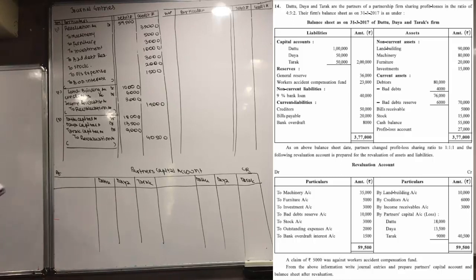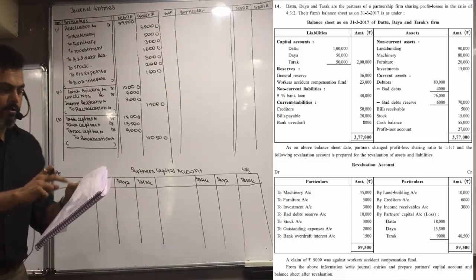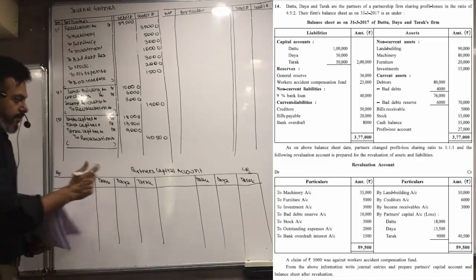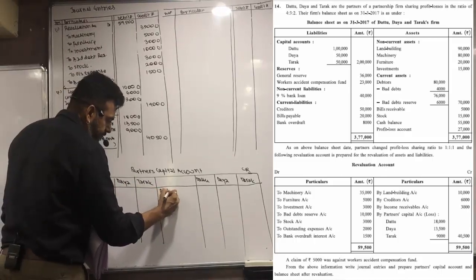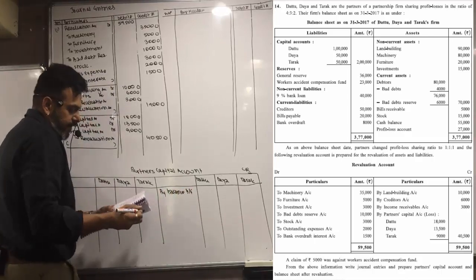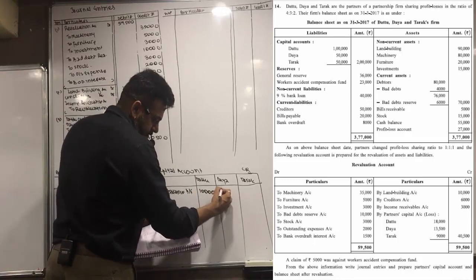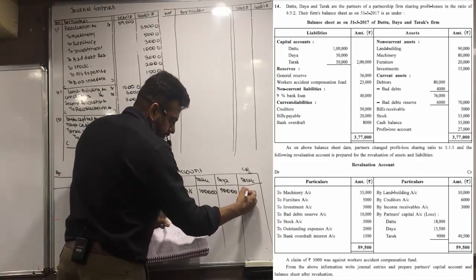Now, all entries regarding revaluation account are done. Now, let's go to the balance sheet. First, let's write the balances, opening balances brought forward, for which no entry is required: 1,50,000, 50,000.